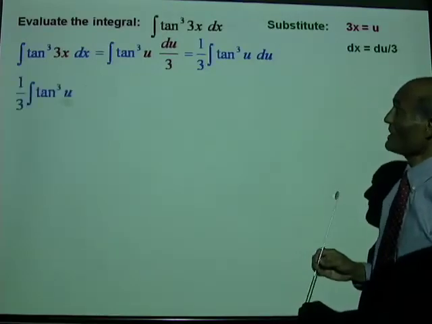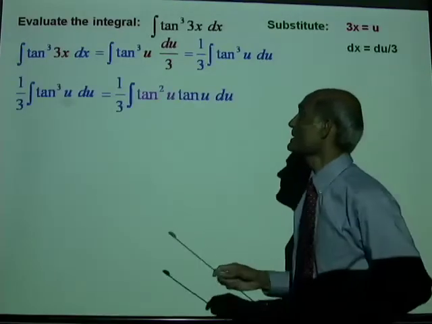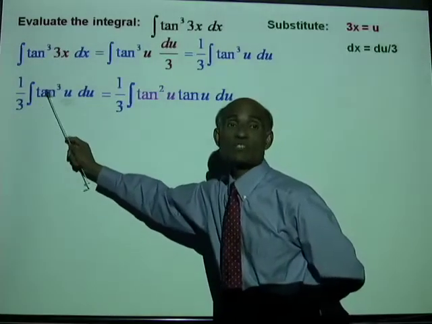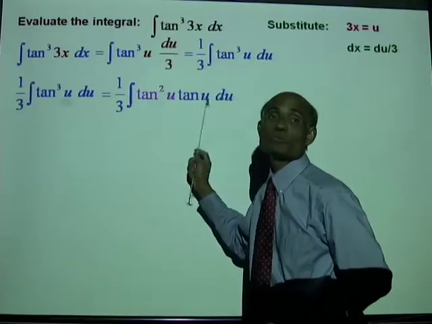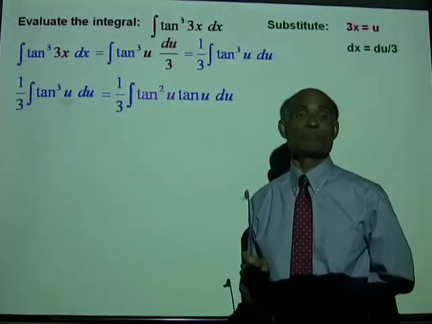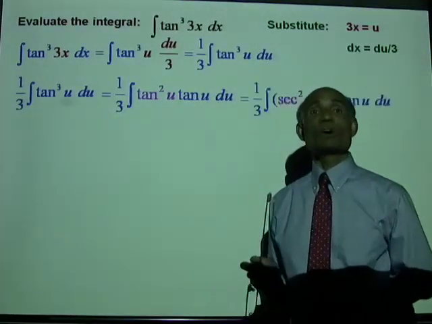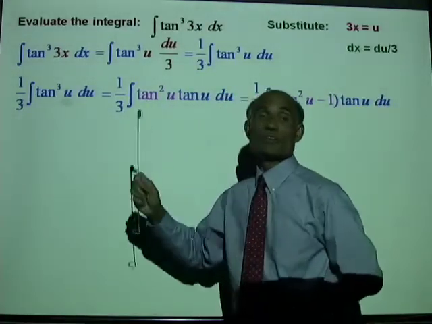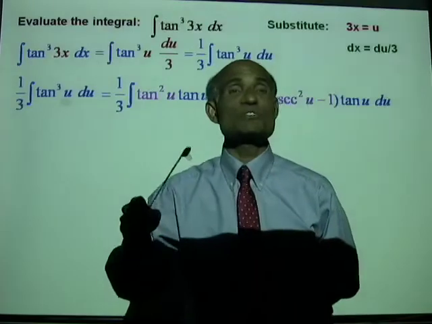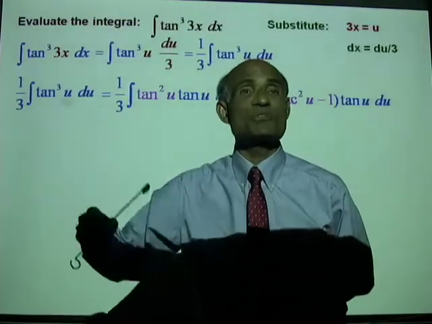And what is our next step? Well, we write tan cubed as tan squared u tan u du. And what can we do from there? Write tan squared u. See, 1 plus tan squared u is secant squared u.